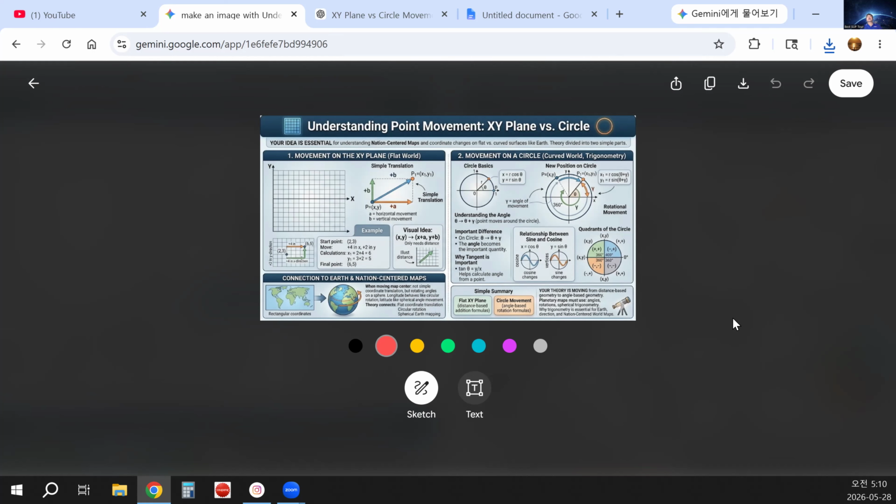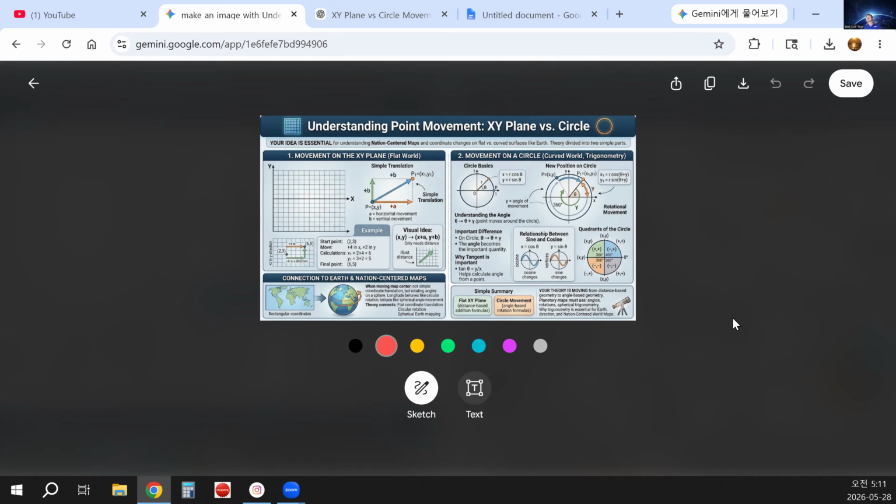Those who know the idea of XY and the symbols understand the change of direction. Almost elementary school students know it, or middle school students. Let's think about the circle.